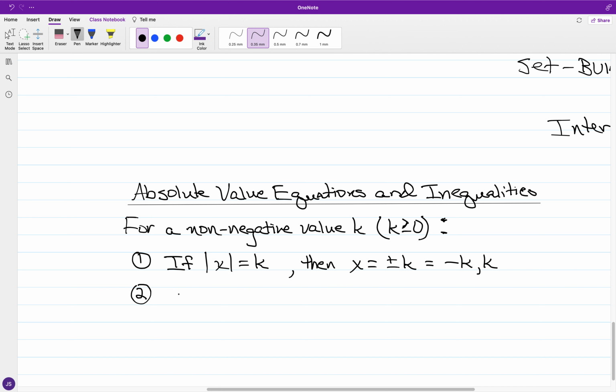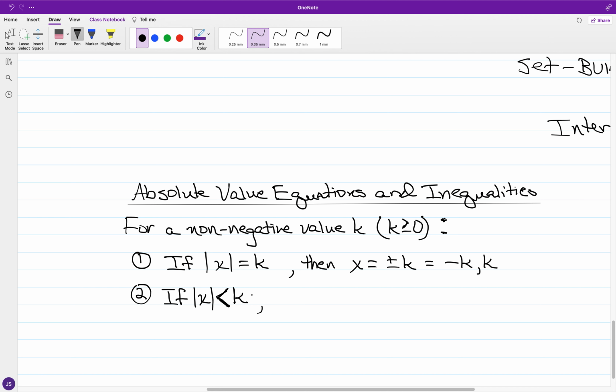Now, in the case of inequalities, if the absolute value of x is less than k, upon removing the absolute value sign, we're going to have a compound inequality.